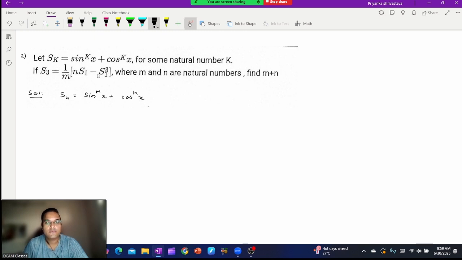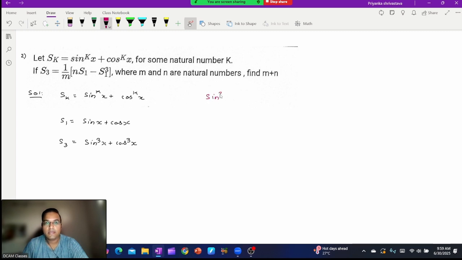Now we have to find the value of mn according to this relation. So see, S1 will be sine x plus cos x. Now S3, if we take, will be sine cube x plus cos cube x. Now they have given the relation is this, so let's equate them and try to find the relation.